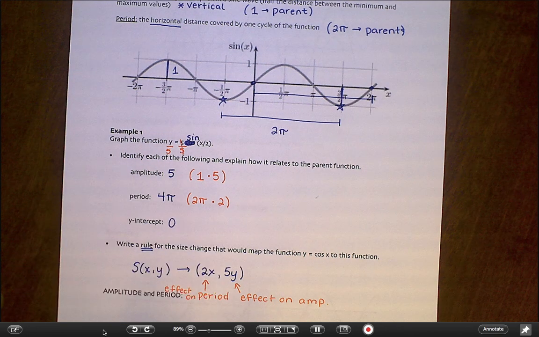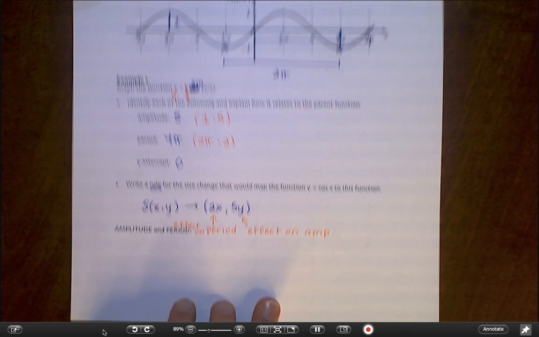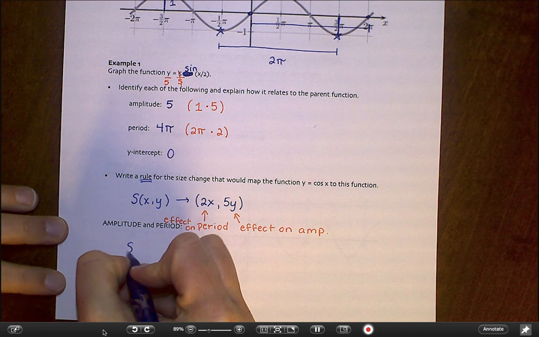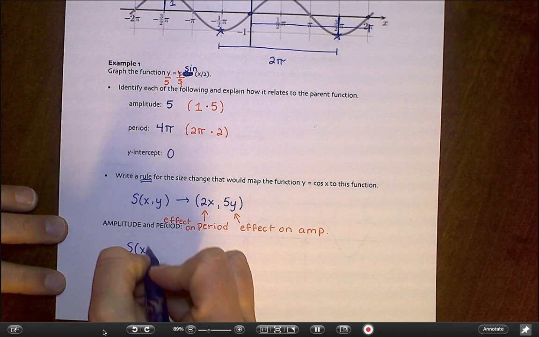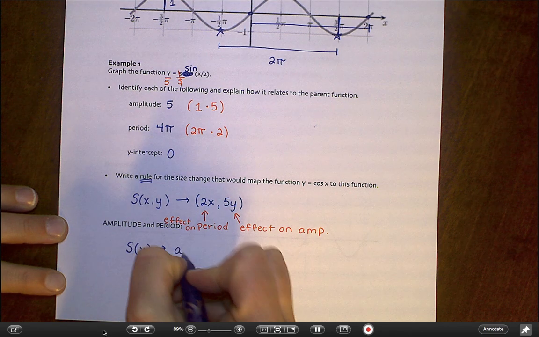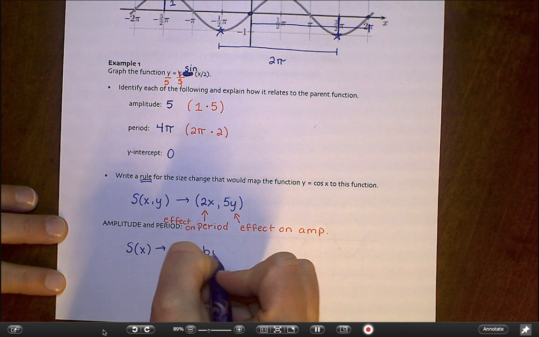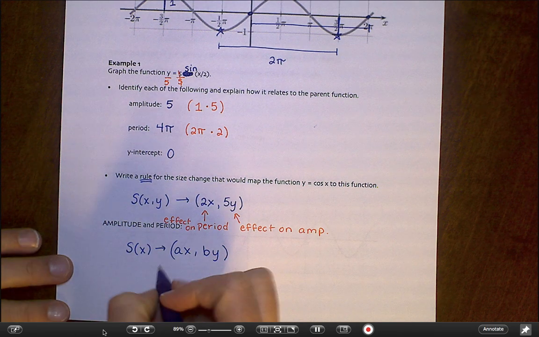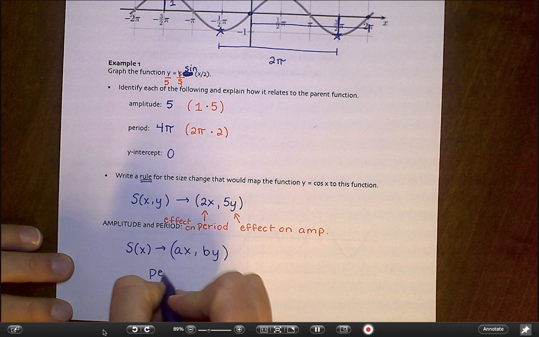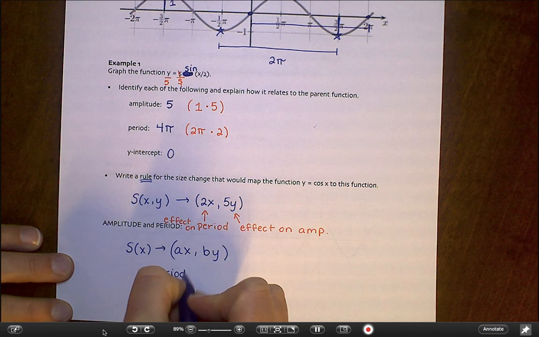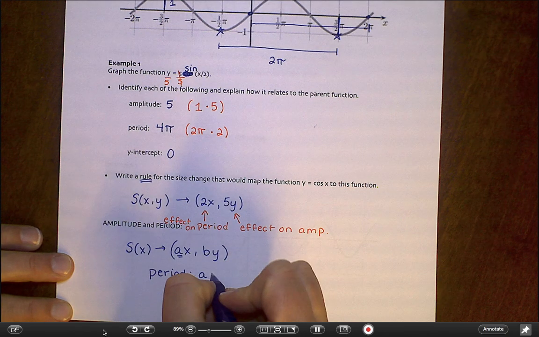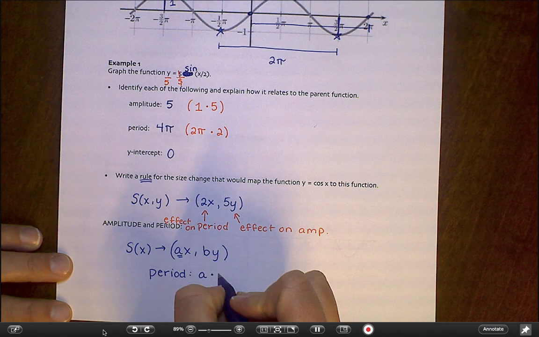So in general, and that's what this little space down here is for, we're just going to write down kind of the same thing we wrote here. If I give you a size change rule like this, where something is happening to X and something is happening to Y, your new period will be this A value times what the original period would have been, which is 2 pi.